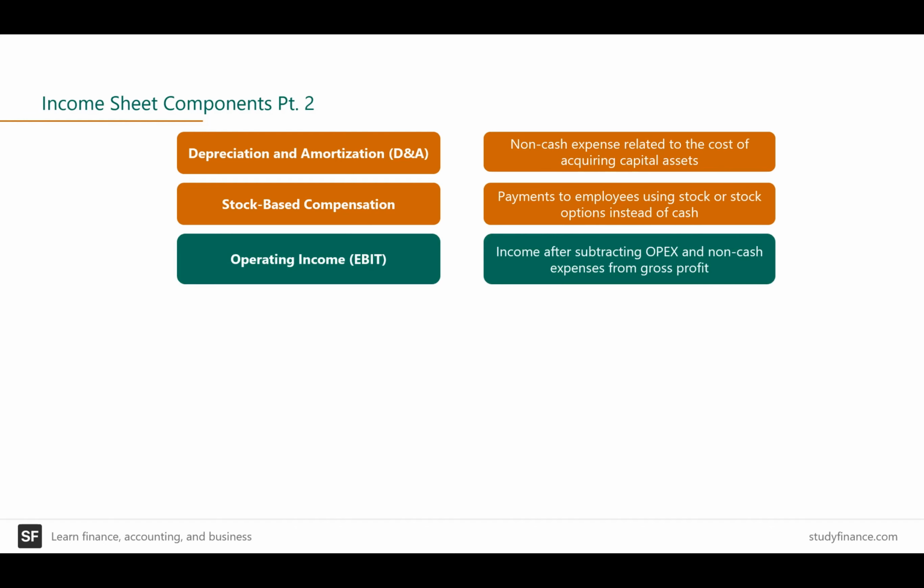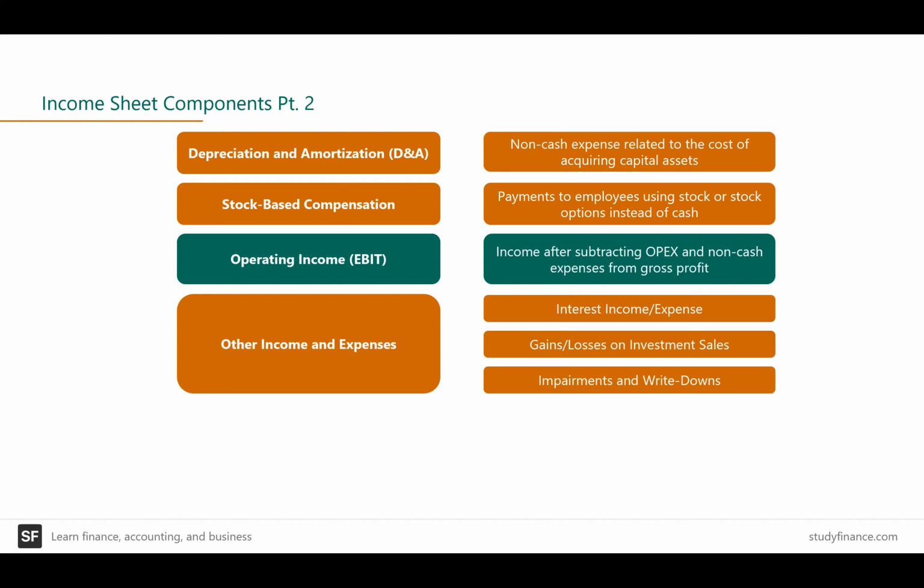After subtracting non-cash expenses, we end up with our operating income or earnings before interest and taxes, or EBIT for short. Below operating income, you will find other income and expenses which are derived from a company's auxiliary activities and are not a part of a company's core operations.